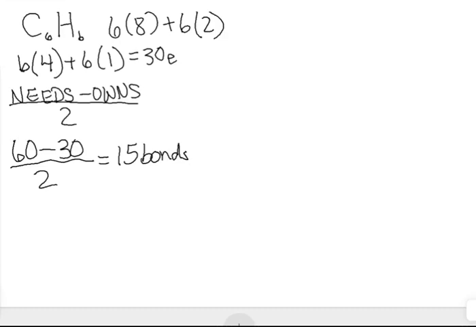This, in this case, is a ring. So you got 6 carbons, like such. And we'll put the 6 hydrogens on the outside. Hydrogens are always dead ends, so they have to be on the outside of a molecule, like such.